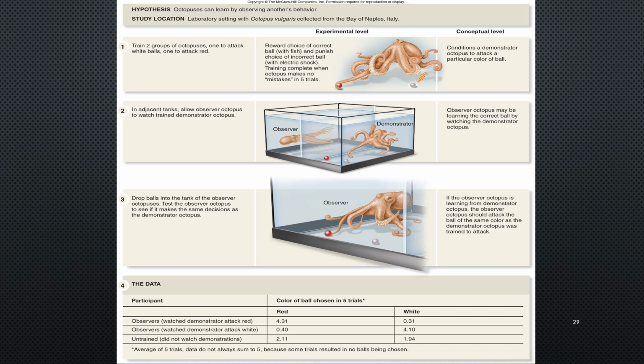When you put adjacent cages or adjacent tanks together and allow just an observer octopus to watch one of the trained octopuses, the observer learns to attack the ball that is put into its tank because it watched the previously trained octopus. So it watches, it learns, so it's very intelligent. And this is just one of the simple experiments that demonstrated how intelligent octopi can be.